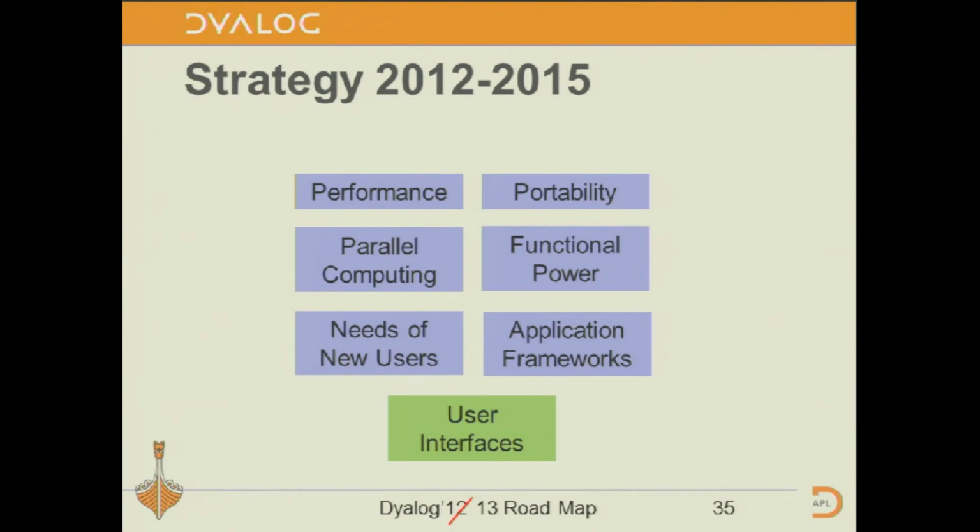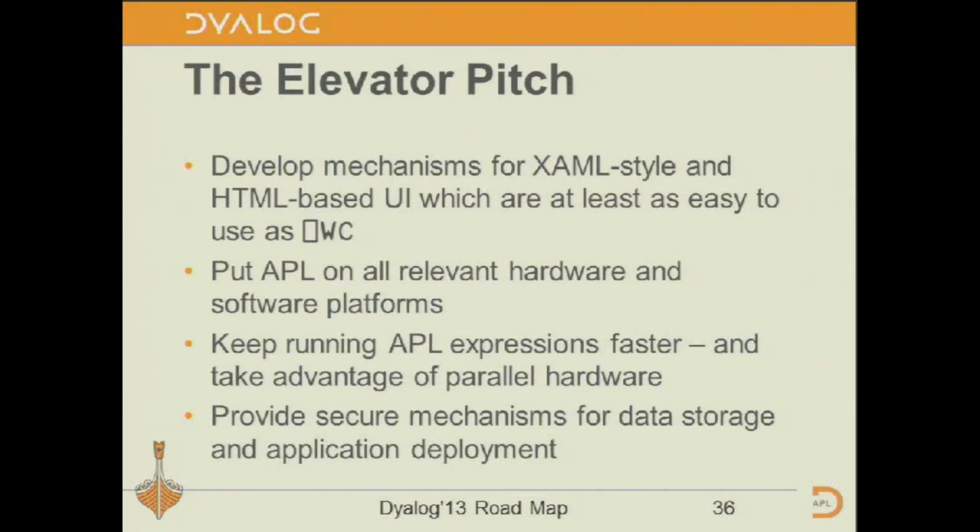The elevator pitch, which I've heard you're supposed to have. What's Dyalog working on at the moment? Well, we're working on mechanisms for XAML and HTML-based user interfaces, which are at least as easy to use as QuadWC. We want to put APL on all relevant hardware and software platforms.